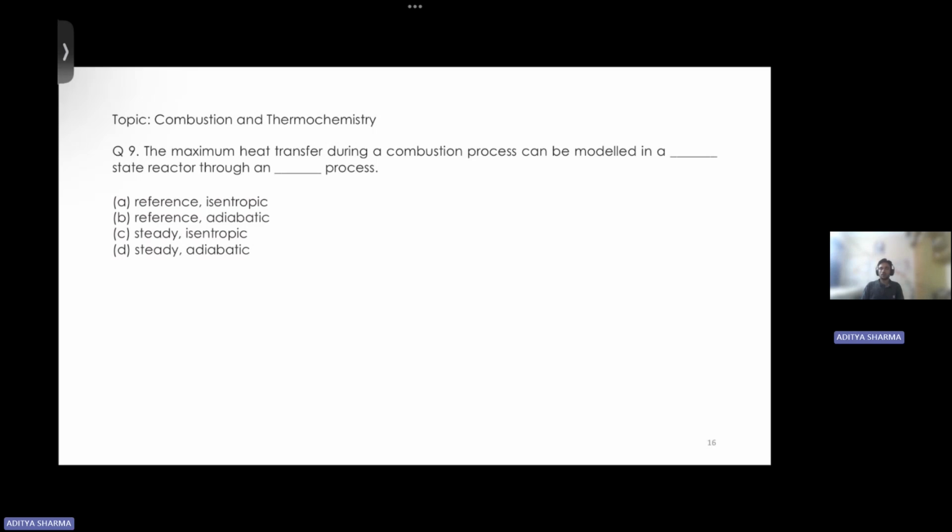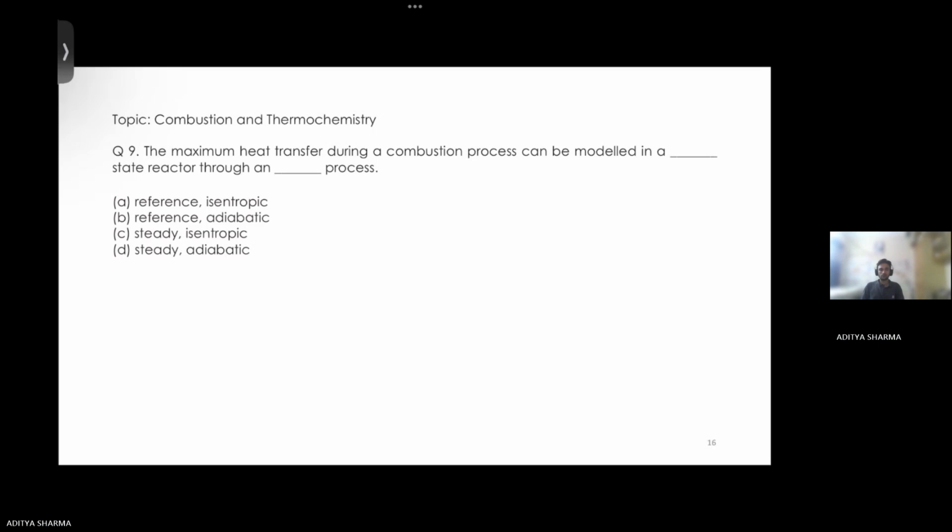So this question is from your adiabatic flame temperature topic. The maximum heat transfer during a combustion process can be modeled only when the combustion is taking place in adiabatic conditions.